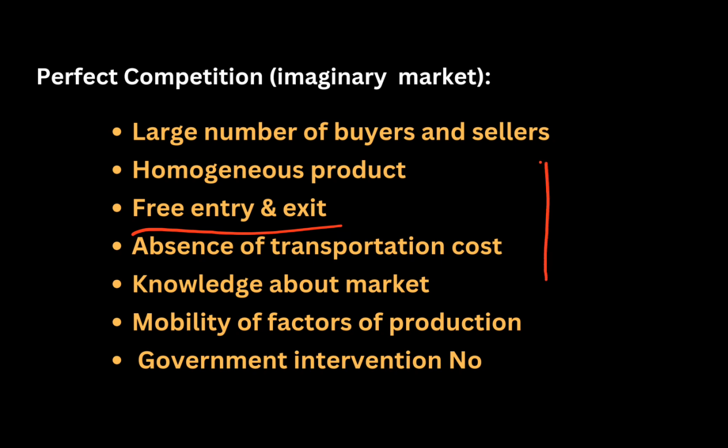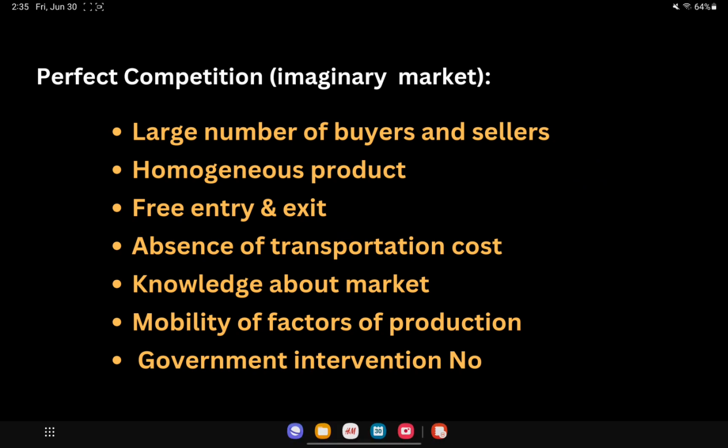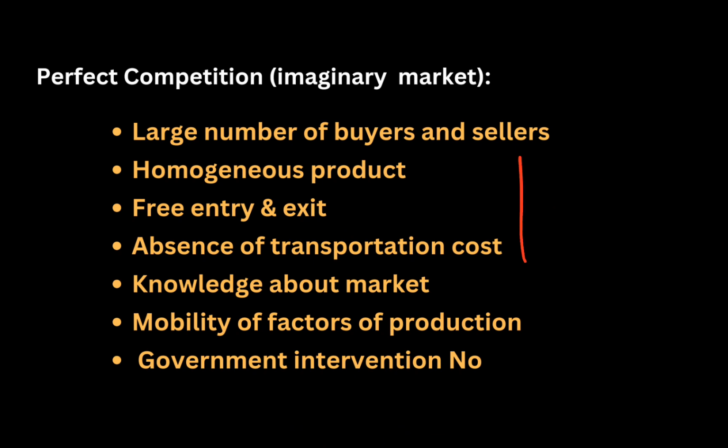If a perfect competition market earns a supernormal profit, new firms can enter the market. So this is supply, I will draw it. Demand curve, supply curve.